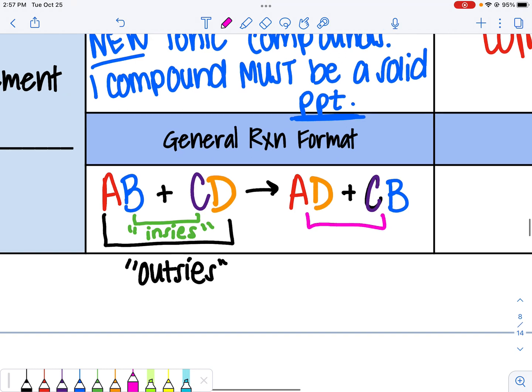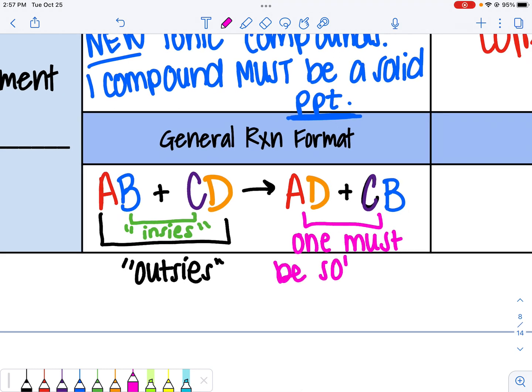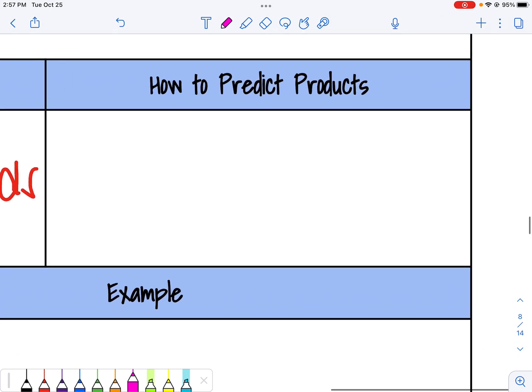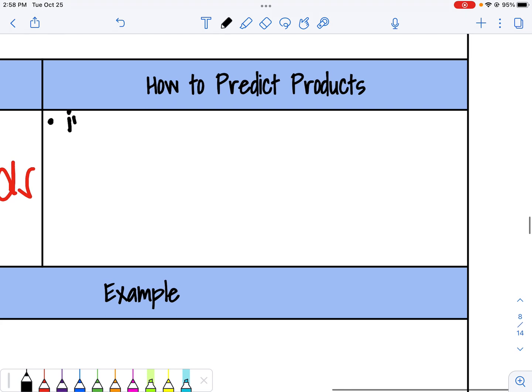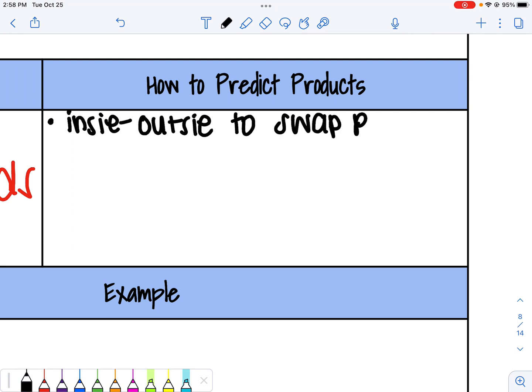So one of these must be a solid. You would represent that with the solid state of matter, S in parentheses. So to predict these products, you're going to use the in-Z-out-Z method to swap partners.